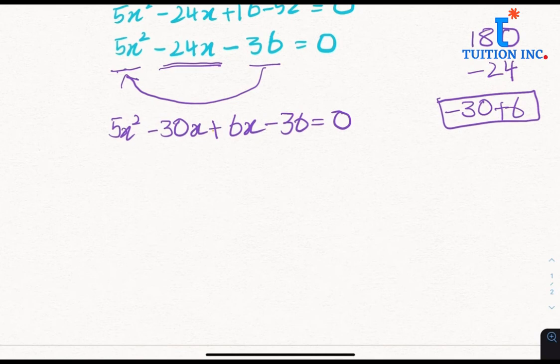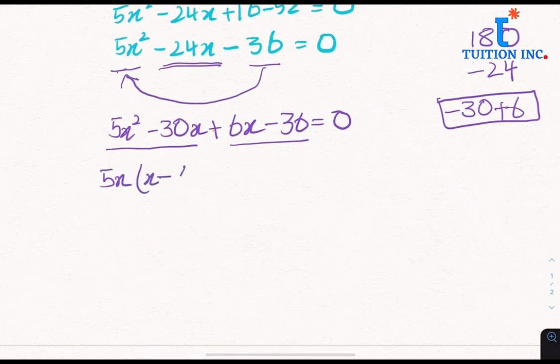Now, taking out the terms which are common in the first two expressions and in the last two expressions. So in the first two expressions, we have 5x which is common. So x minus 6. And the last two terms, the term which is common is just the number 6. So 6 and inside we have x minus 6 and this equals 0.